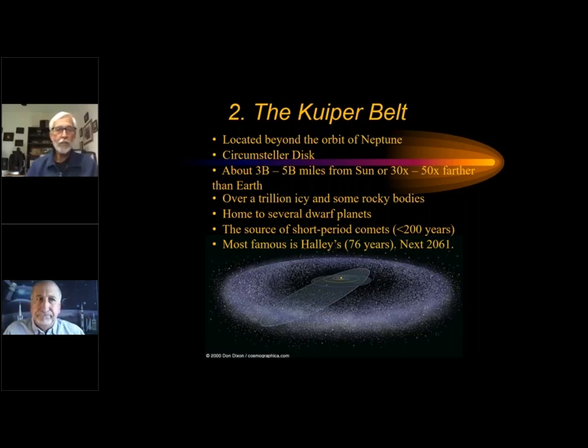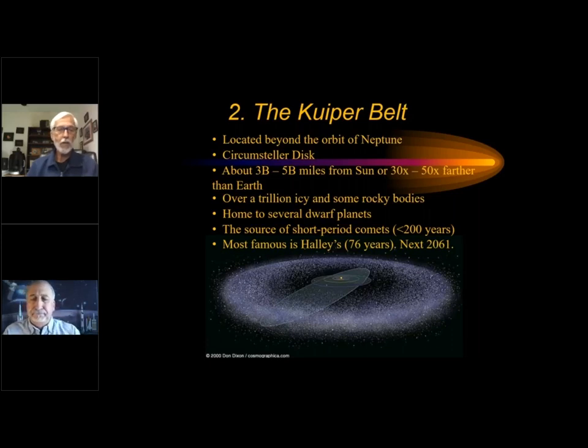Again, it's described as a circumstellar disk. Now you can see from the diagram below, it's actually a little thicker than the asteroid belt. Maybe you compare it to a donut or a frisbee. It's about 3 to 5 billion miles, or 30 to 50 times farther from the sun than is our Earth.